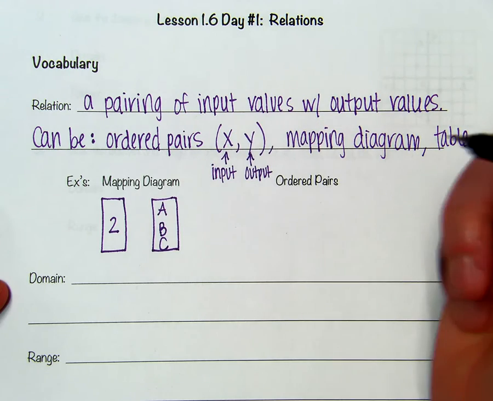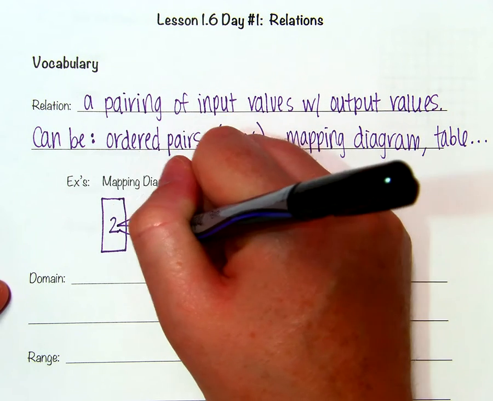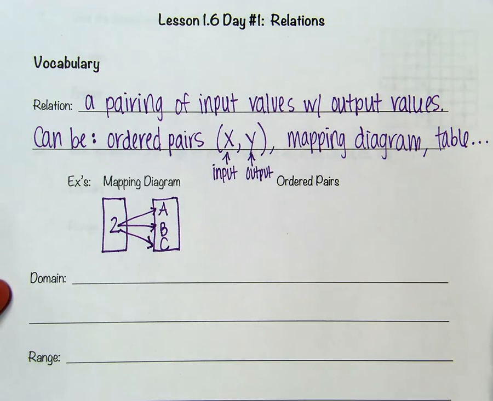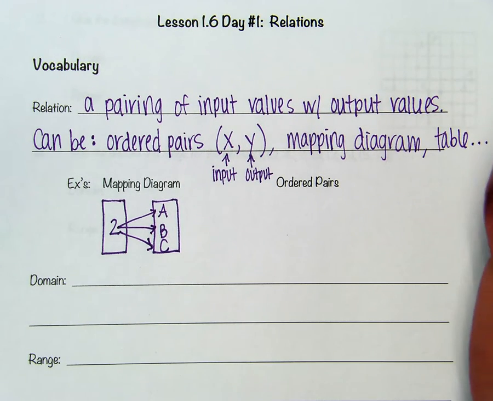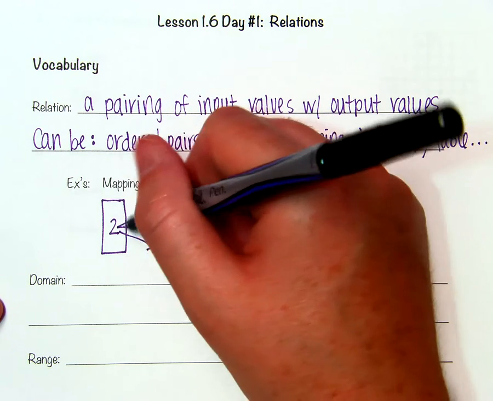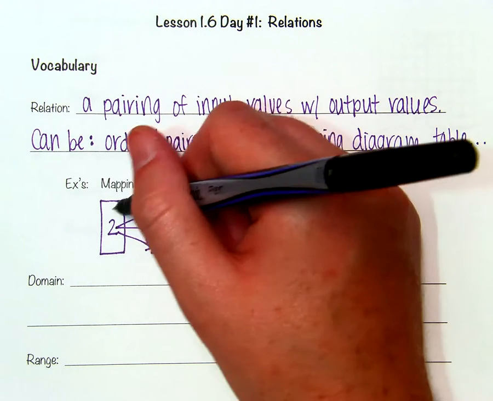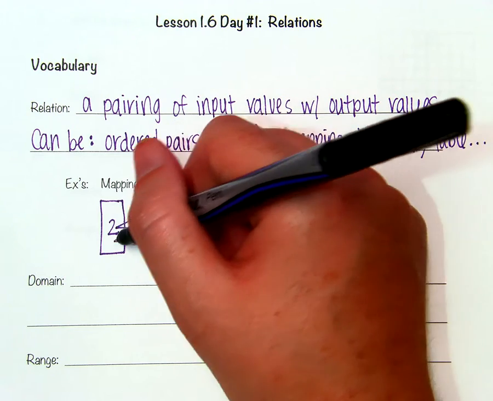And I can map 2 to A, 2 to B, and 2 to C, and you map them with an arrow. All right, so that's what a mapping diagram would look like. It doesn't always go, a bunch of arrows from one thing. I could have 1, 2, and 3 in here, and I could map 1 to A, 2 to B, and 3 to C if I wanted to.